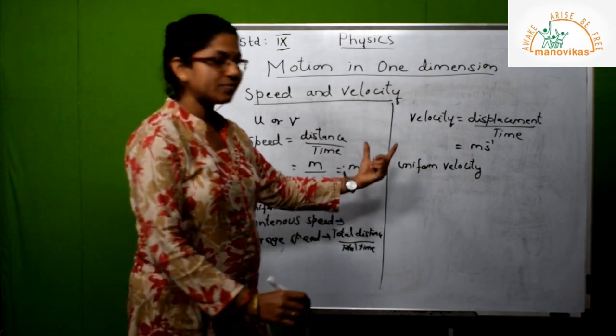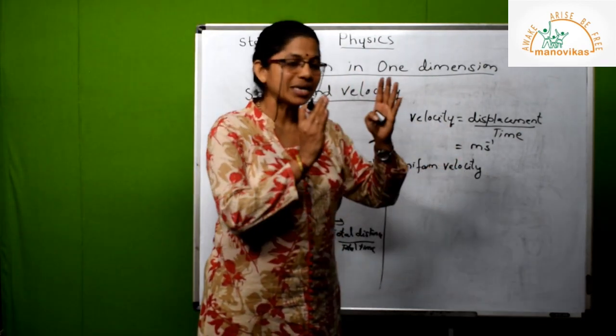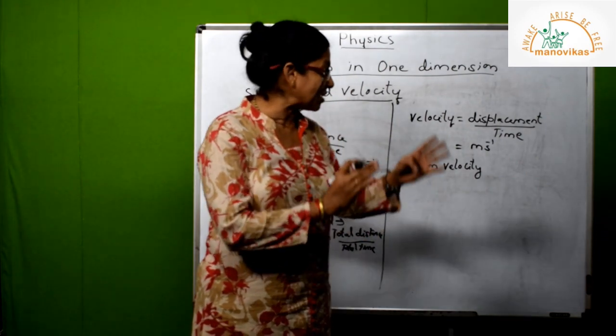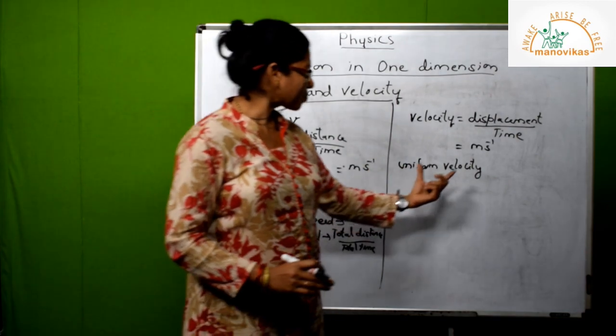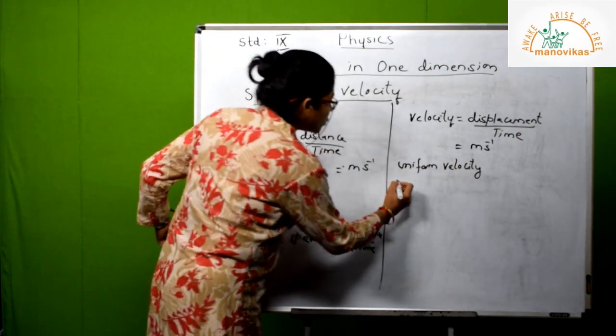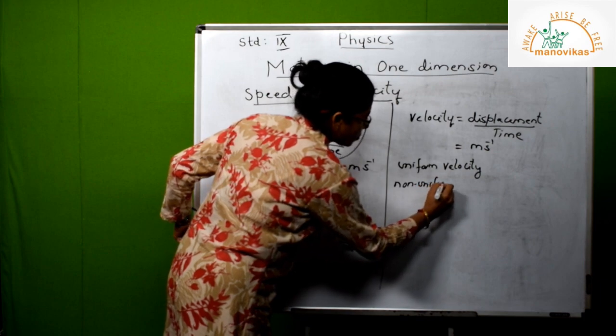Non-uniform velocity is when unequal distances are covered in equal intervals of time in a particular direction.